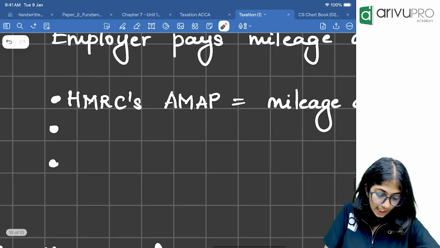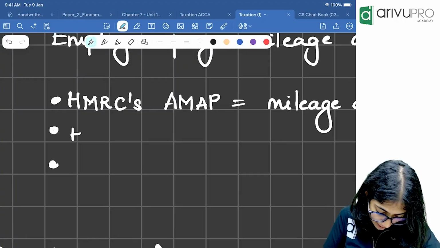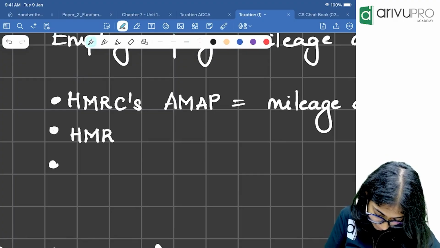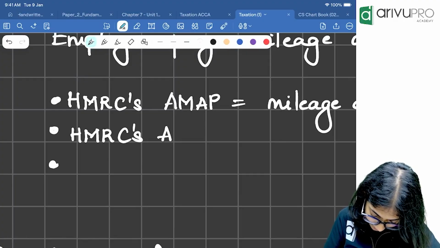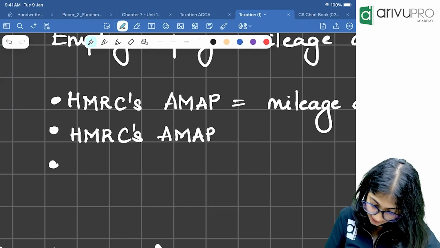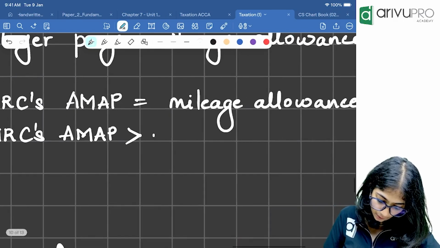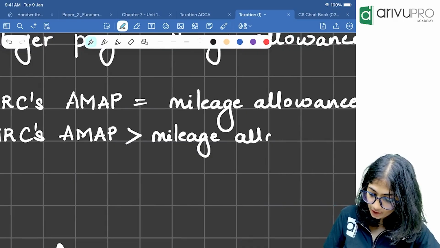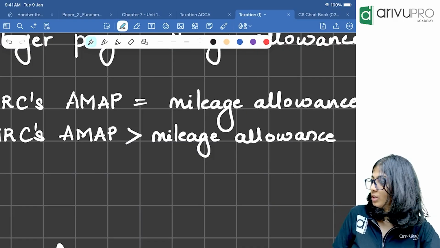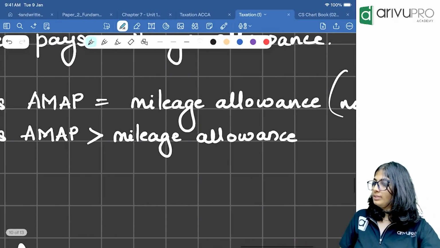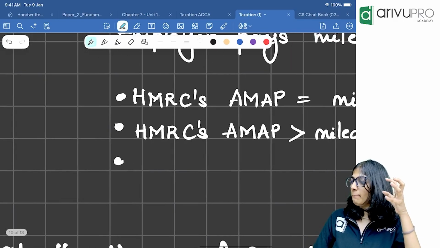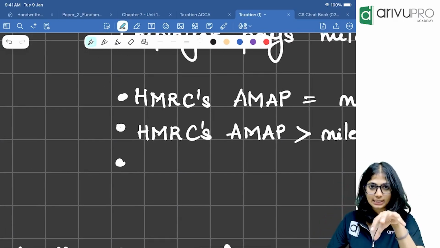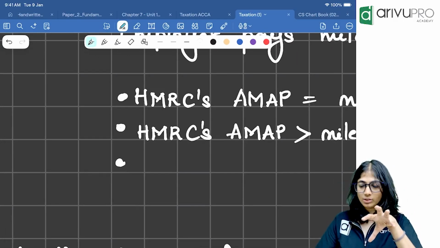Let's look at another scenario. For example, HMRC's AMAP is greater than the mileage allowance. For example, the mileage allowance is not enough. What are you going to do? The HMRC's AMAP is 1,000 pounds, for example. You calculated everything, it was 1,000 pounds.